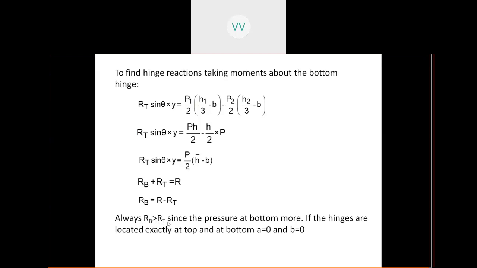Always the pressure will be more on the bottom side than the top location. So RB is greater than RT since the pressure at the bottom is more.